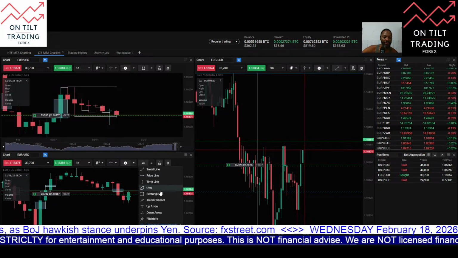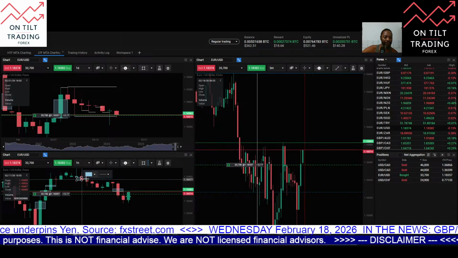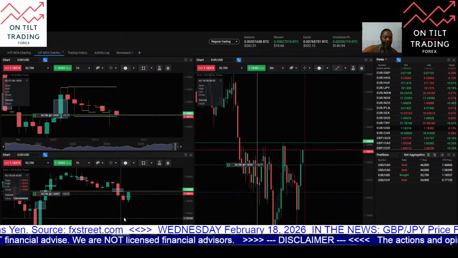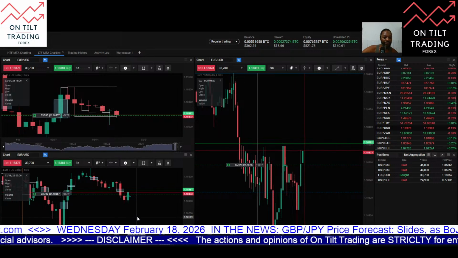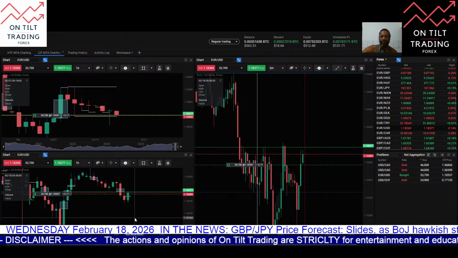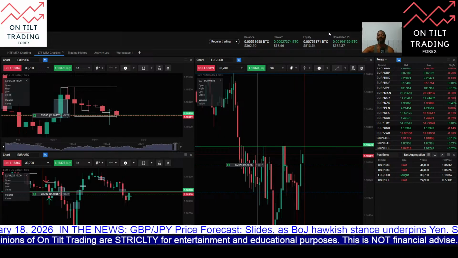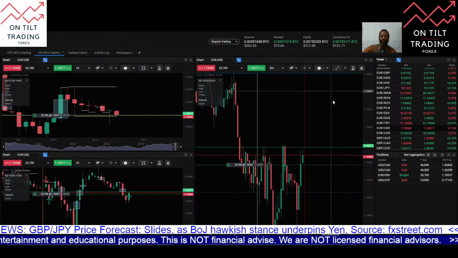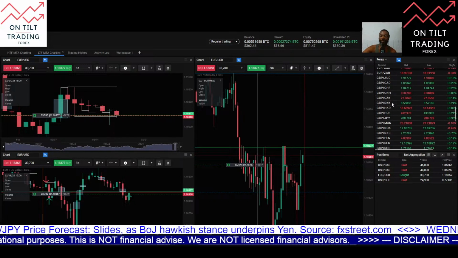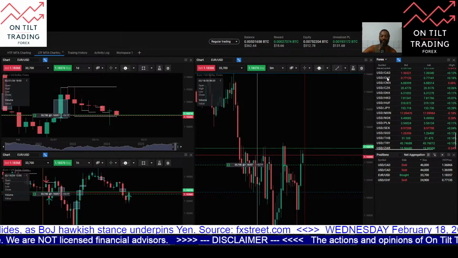Spotting another bearish fair value gap in here, gonna mark it. Hop back over at the other pairs really quickly here. Swiss dollar.